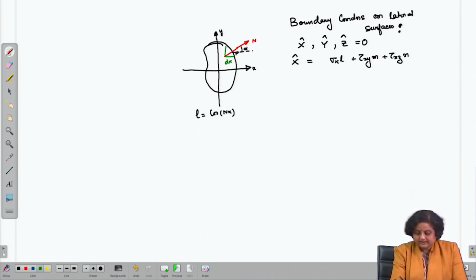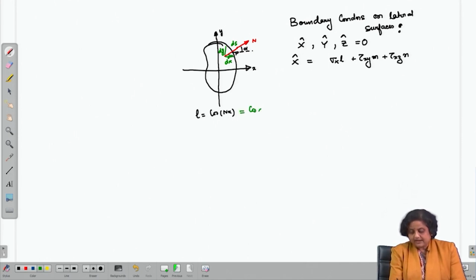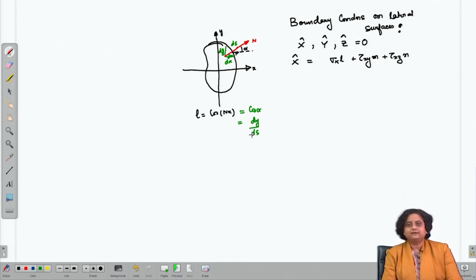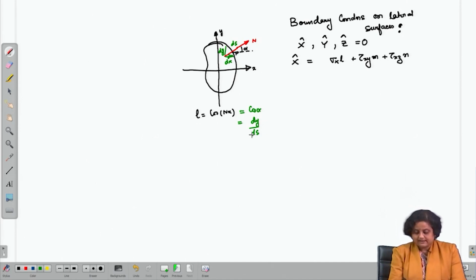This is dx, this is dy, this is ds, and this is dn. So, this is basically cos alpha, and from geometry you can see that l can be written as dy by ds.